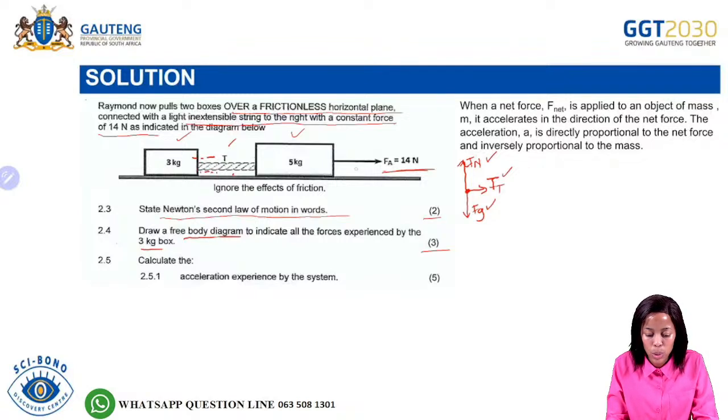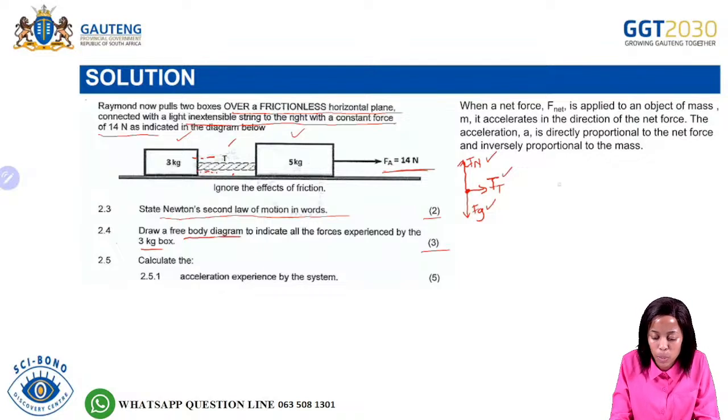Okay, so we need to look now at what? At both blocks. So already we've drawn the free body diagram of the 3 kilogram block, and for us to do the calculations, we'll also need to draw the free body diagram of the 5 kilogram block. So what force do we have going up?